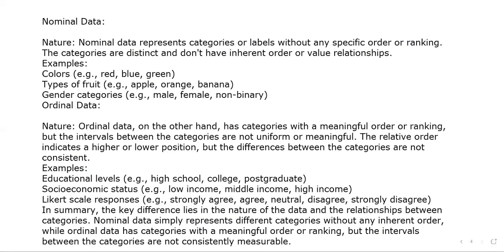Quantitative discrete. Okay. Favorite color that one individual may have.